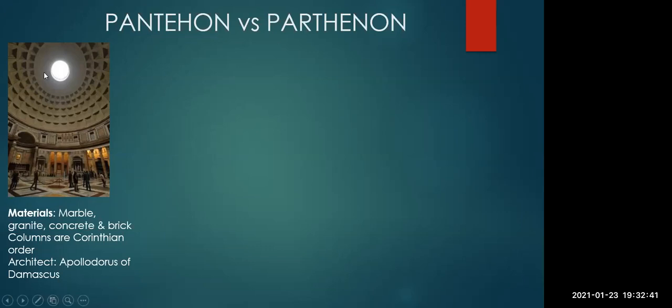Does anybody know what this feature on top is called? Have you heard of it? It's called an oculus. Okay, so it's open to the sky. The materials used are marble, granite, and brick, although concrete was used later on during restoration, when this temple was changed into a church.